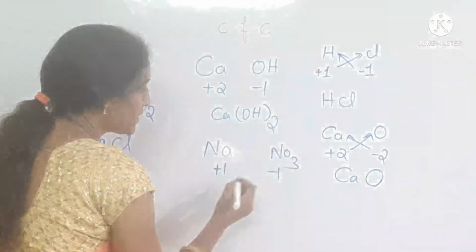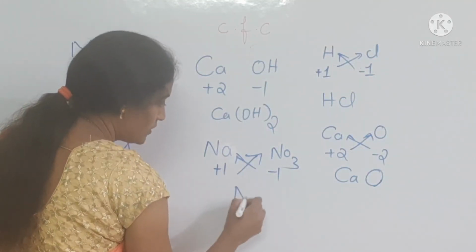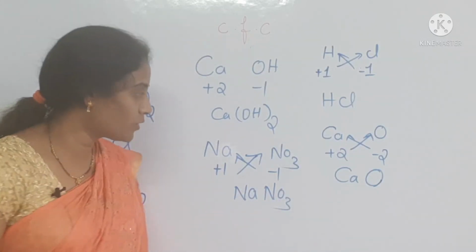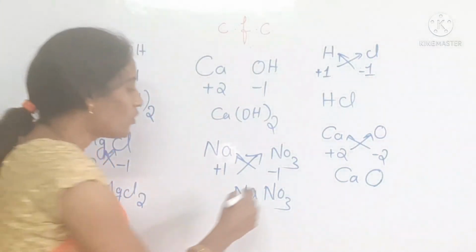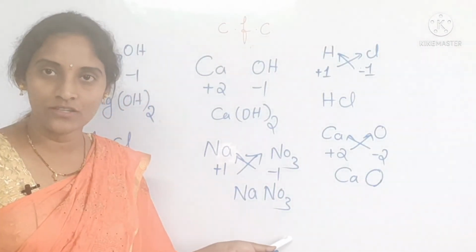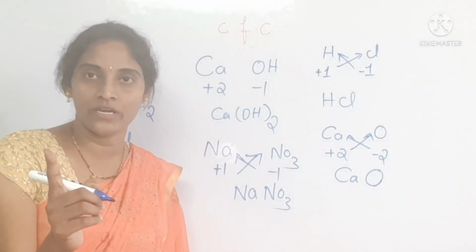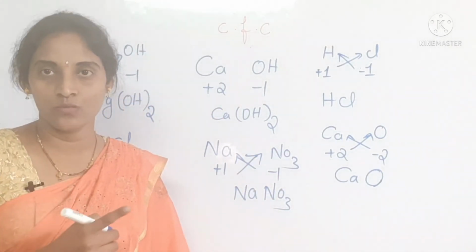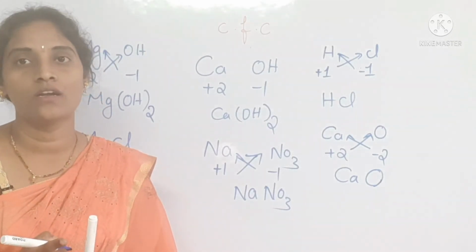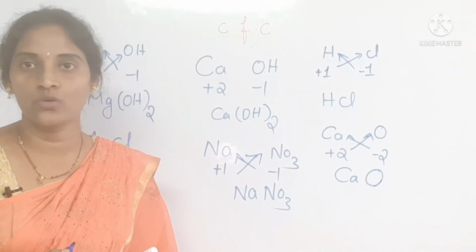So what happens here, after cross multiplication, NaNO3 is the chemical formula for sodium nitrate. No need to enclose this nitrate ion with a bracket. Why? Because here only one polyatomic ion is there, not more than one. If more than one is there, you have to enclose the polyatomic ion with a bracket. Otherwise no need to enclose.